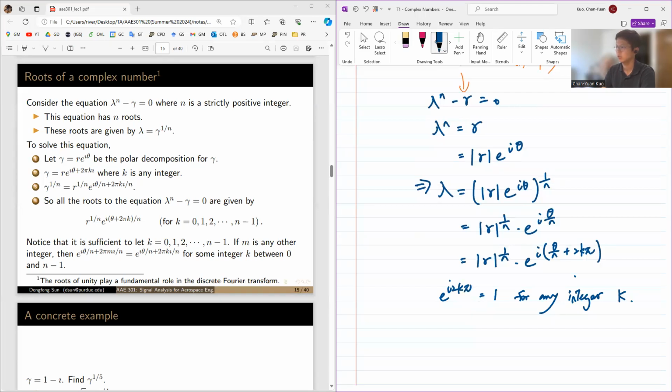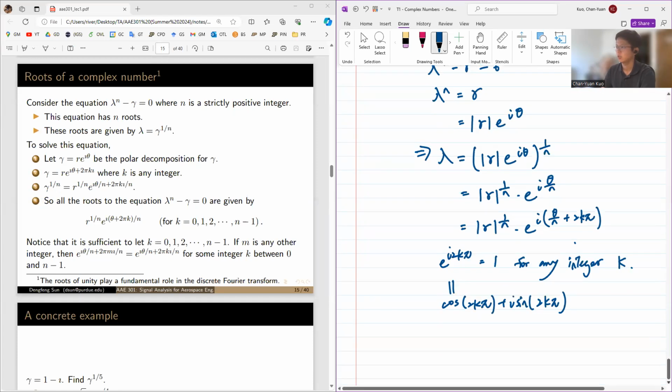To see this, we basically again have to rely on Euler's formula. So cosine 2k pi plus i sine 2k pi, and we know that cosine 2k pi will essentially just be 1, and sine 2k pi will just be 0. So we will end up having 1.